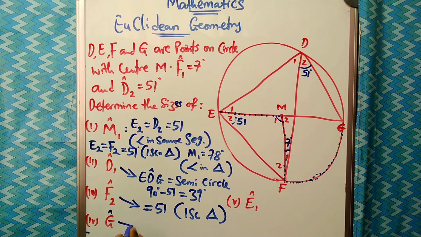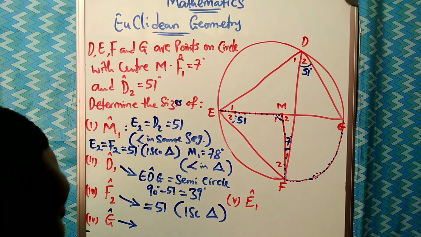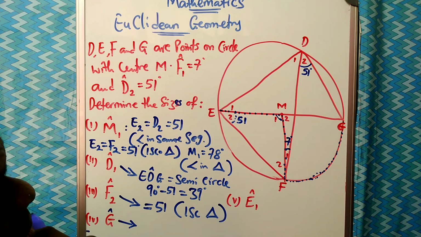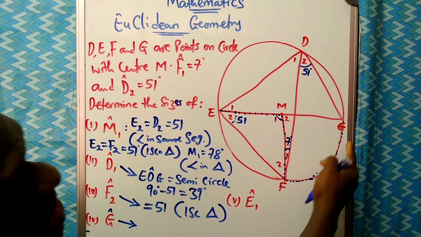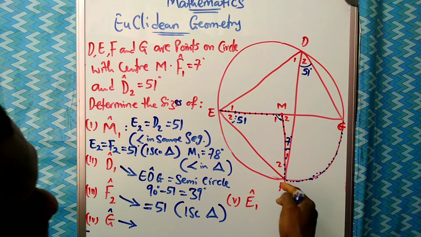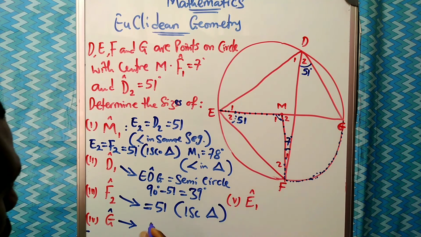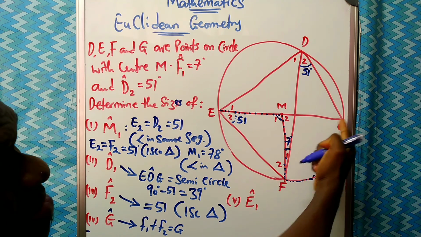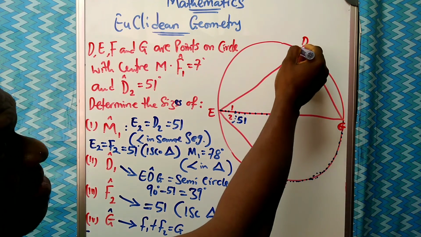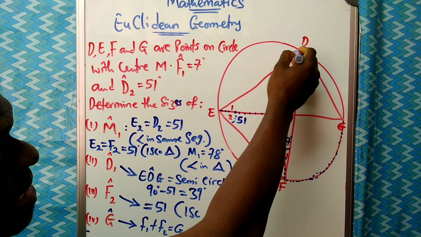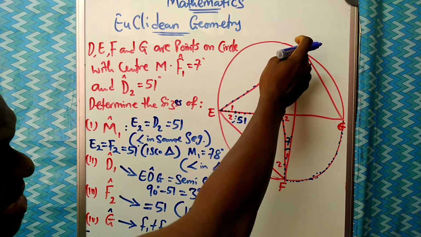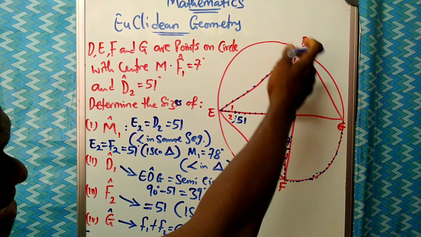All right, for G, if we look at the diagram very well, we will see that G is in the same segment with F1 and F2, so F1 plus F2 equals G. We should know that because they are subtended by the same chord, and they are also subtended by the same arc.